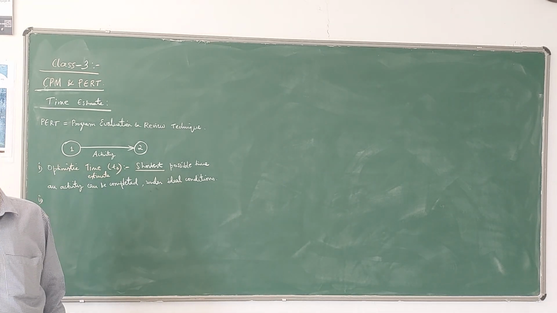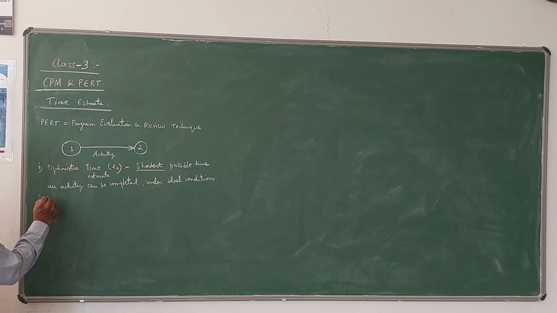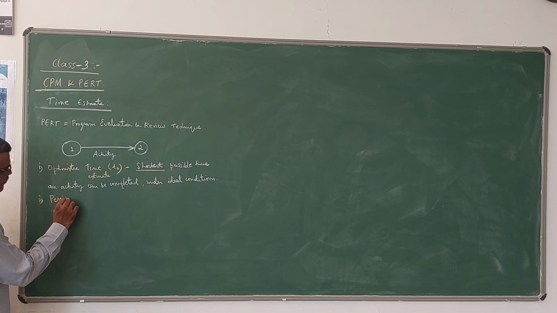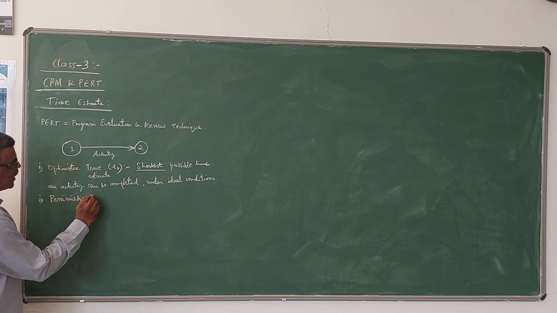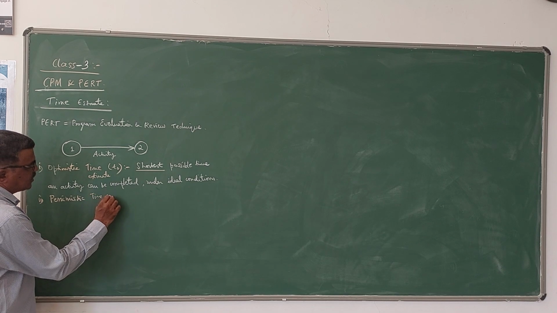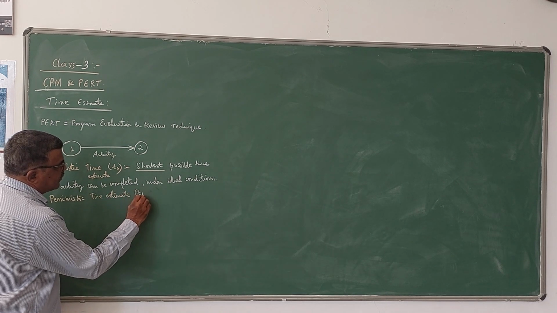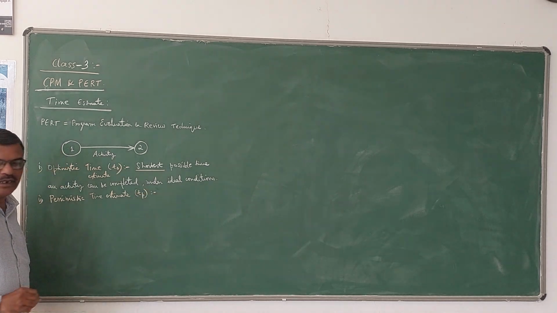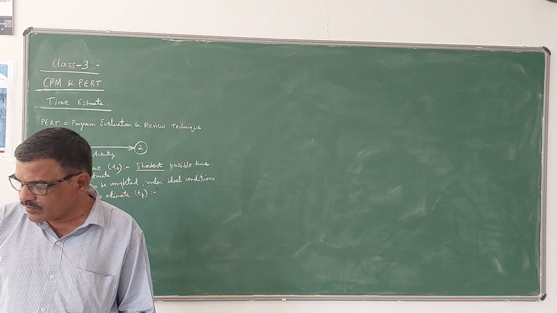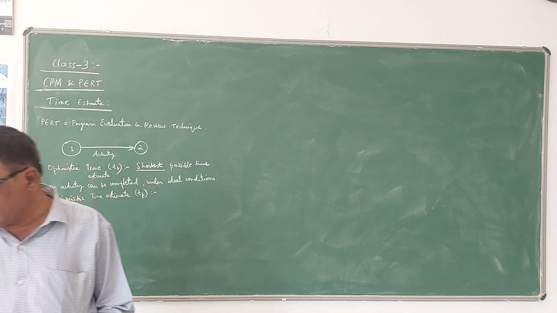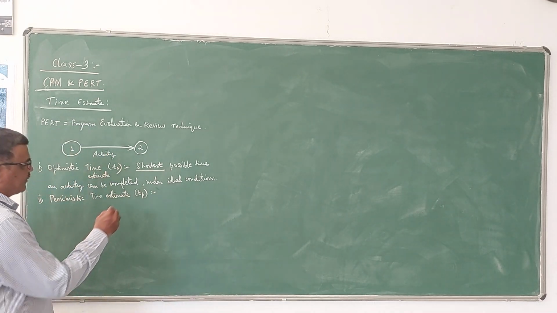The second one is the pessimistic time estimate. This is the opposite of optimistic. It is the longest time, so you can call it TP. It is the longest or maximum time that is required to complete the activity.